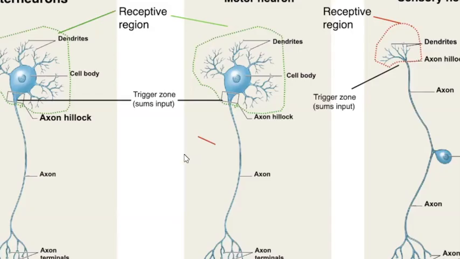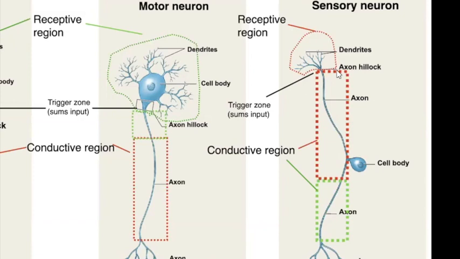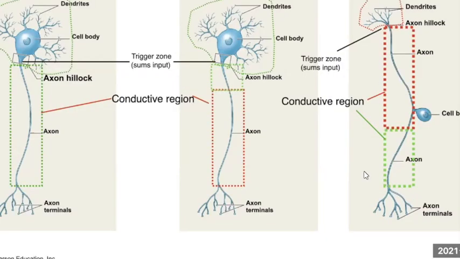Trigger zone, right? The conductive region, the axon, for your interneurons stays entirely within the central nervous system. This starts off at the cell body, but then just quickly goes out into your peripheral nervous system. Your axon for your sensory neurons starts at the end of the axon hillock, passes right by your cell body, and then enters the spinal cord, that whole conductive region, right?